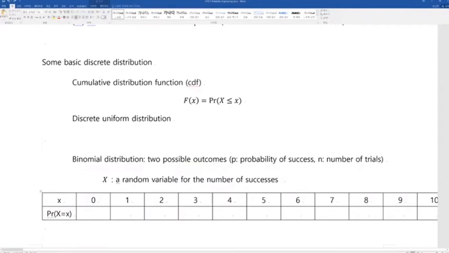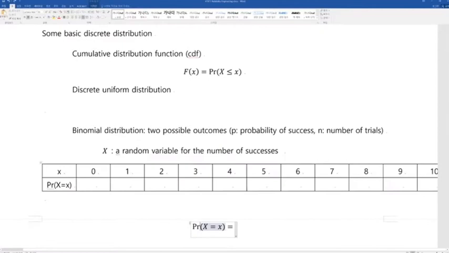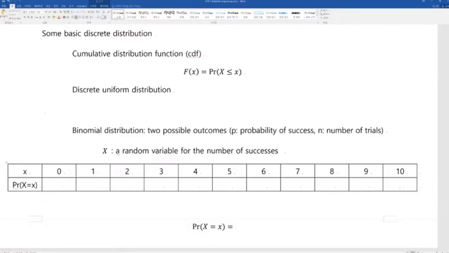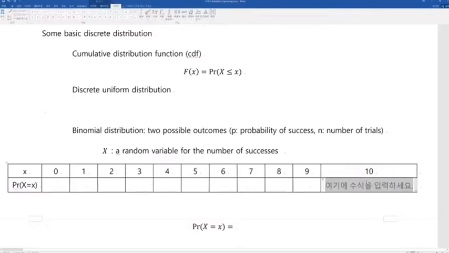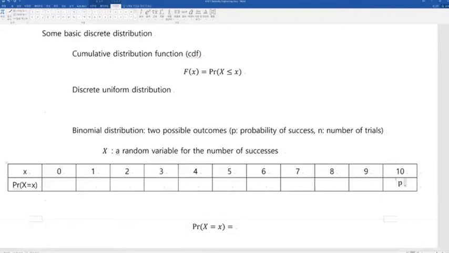So the probability of seeing 0 successes, maybe the probability of seeing 10 successes would be much easier for you. So that is going to be the probability.